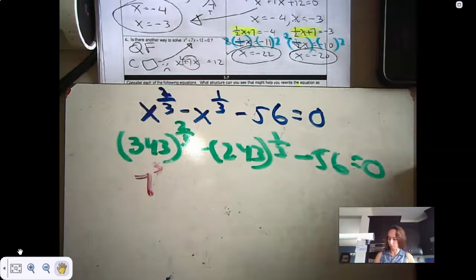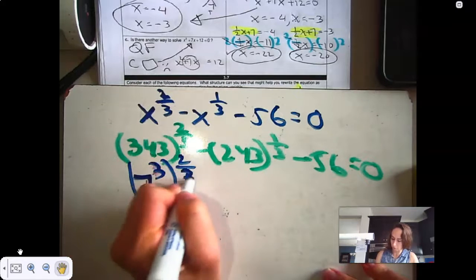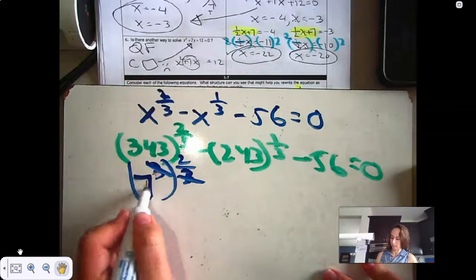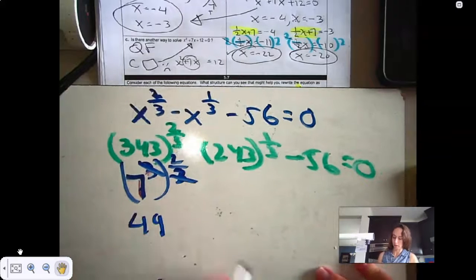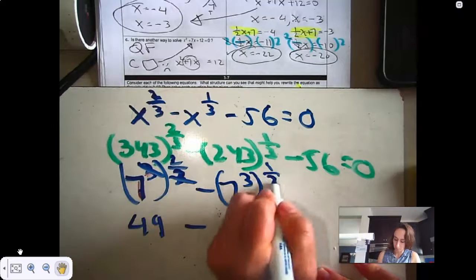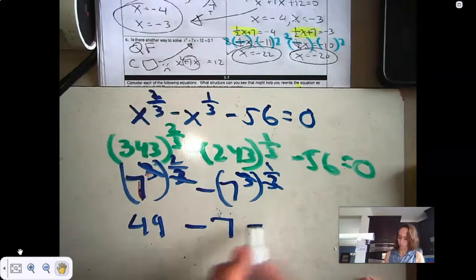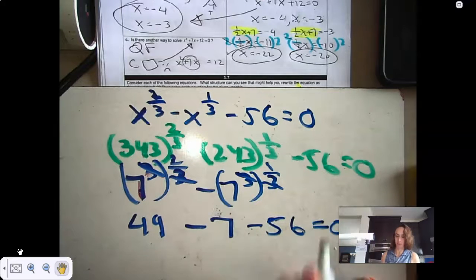And if I take that to the 2/3, that's 7 squared, which is 49. Minus, this is 7 cubed to the 1/3, gone. 7 to the first is 7. And then minus 56 equals 0.